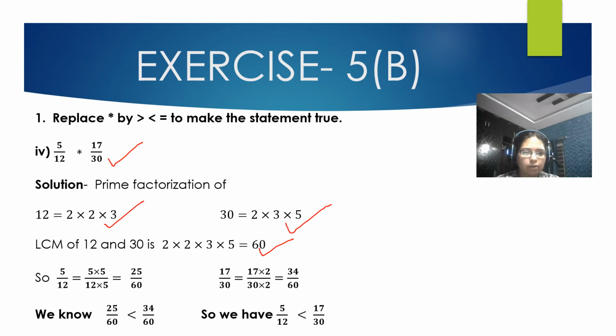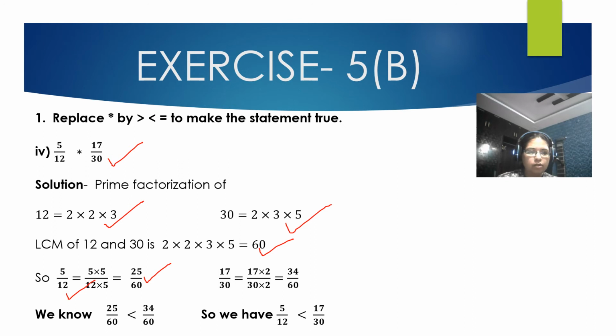So 5 multiplied by 5 is 25 and 12 multiplied by 5 is 60. So we get 5 divided by 12 equal to 25 divided by 60. 5 divided by 12 and 25 divided by 60 are both equivalent fractions.